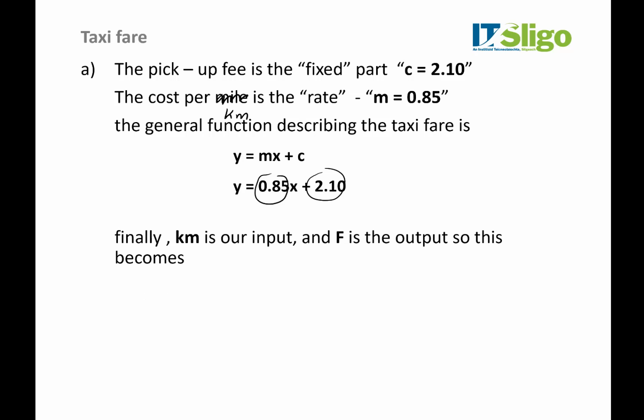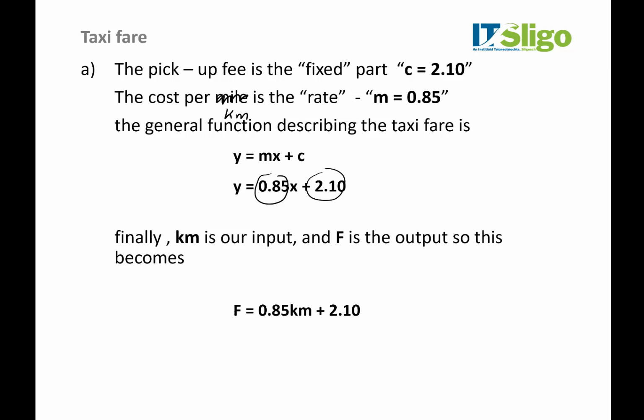Kilometers is our input, so how far you drive is your choice. You control how far you drive because you choose it. And then the output is the fare. So this is part A: the function that describes that taxi fare system.